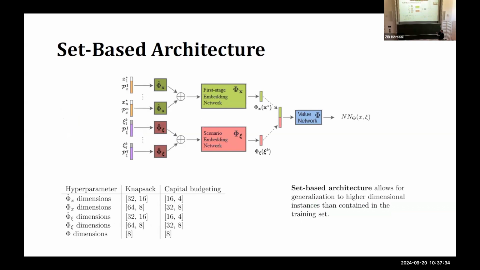And you do this now for every component with the same network. So you only have to train one network, and later you can apply it to larger dimensional X, even if your dimension increases, and the same for Xi. Now this is the small detail here so that you can generalize to larger instances.